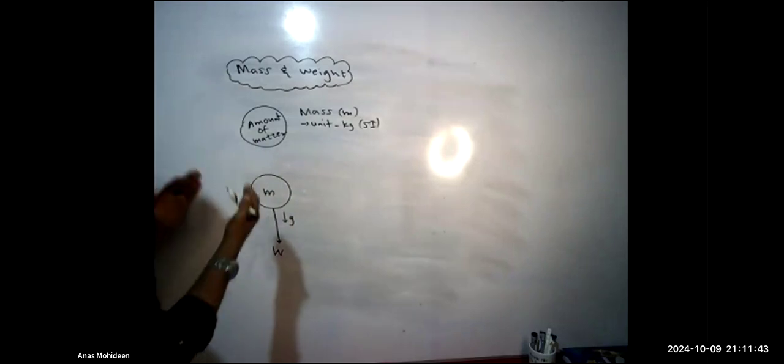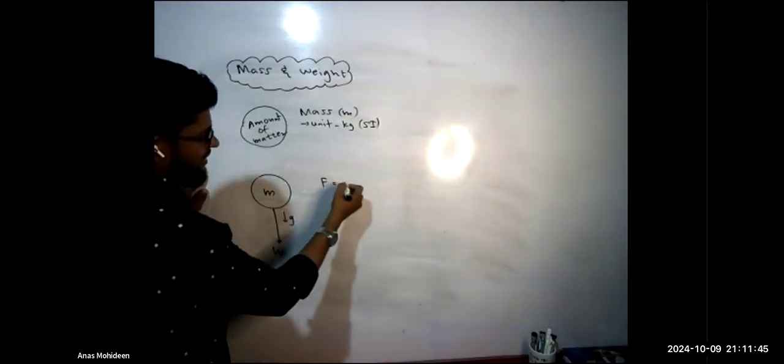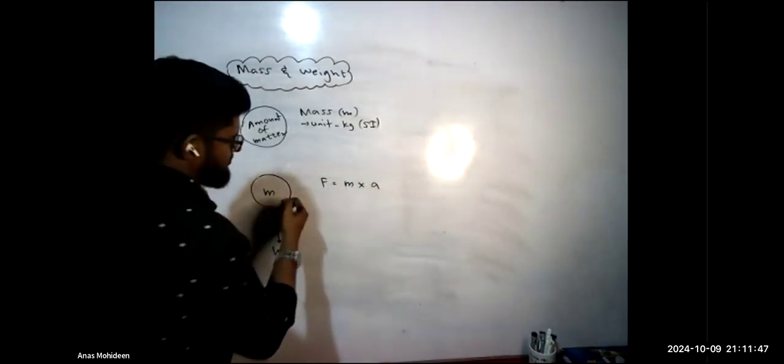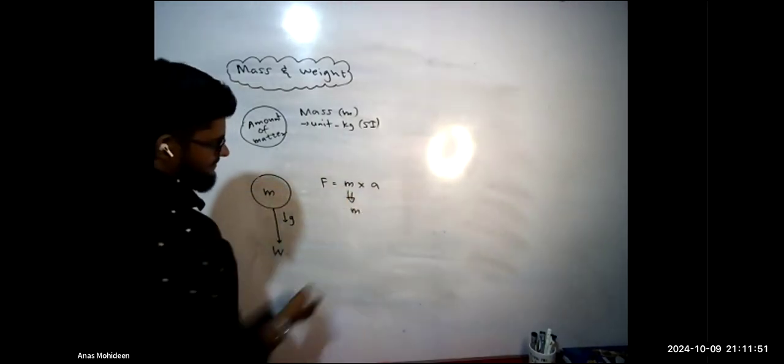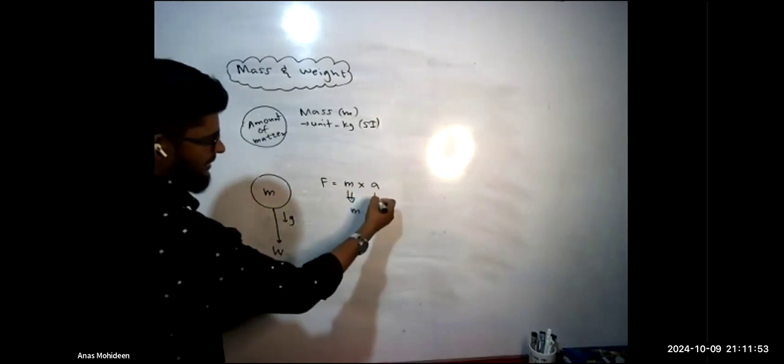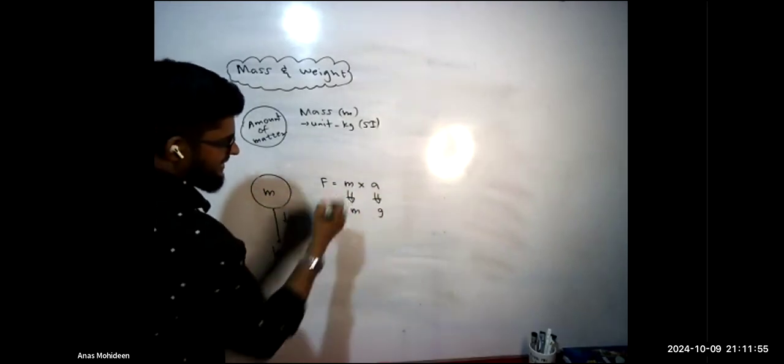We use the formula F equals m into a to obtain this. The mass is the same. Acceleration is the gravitational acceleration.